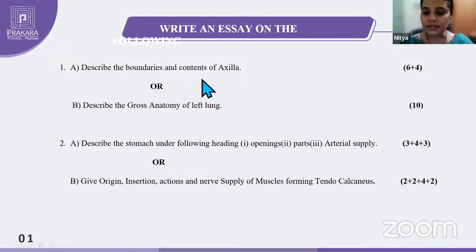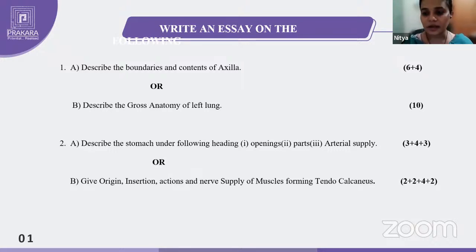And in essays, for saving time and also to make it more effective, you can also use flow charts. Suppose, in this case, for the axilla, you can first briefly explain the boundaries and the contents of the axilla using a flow chart, and then you can describe that flow chart.